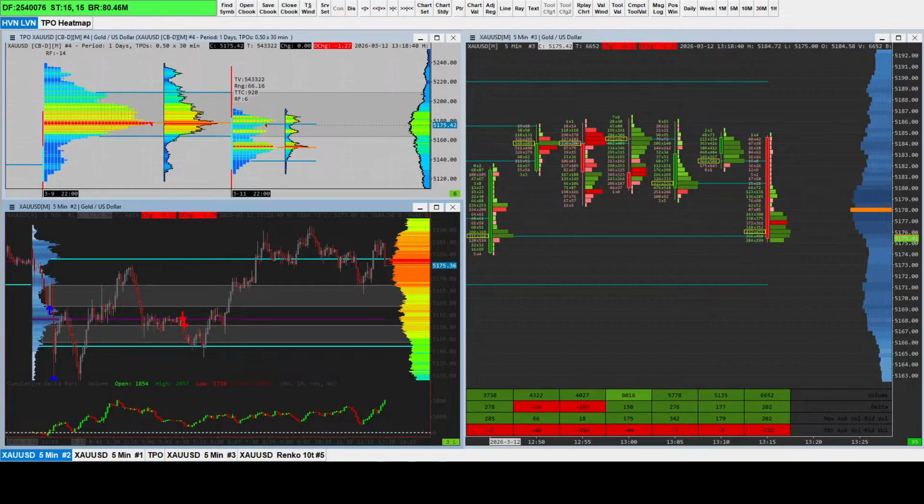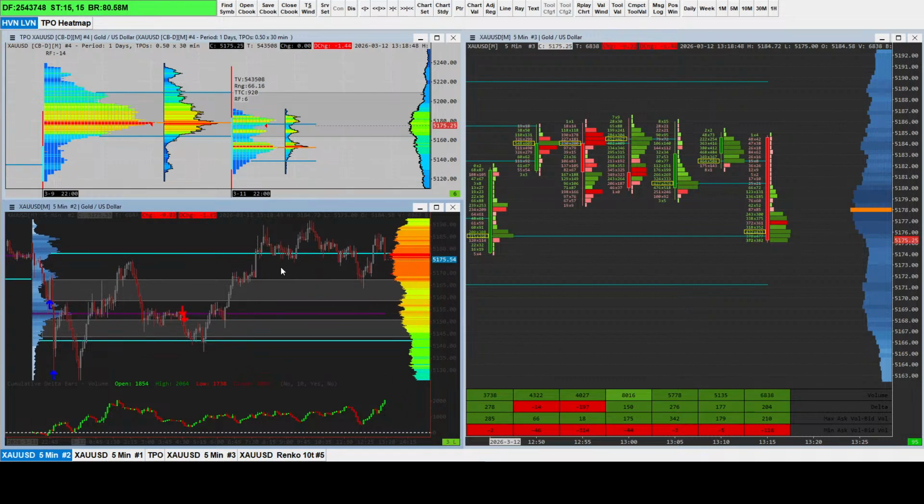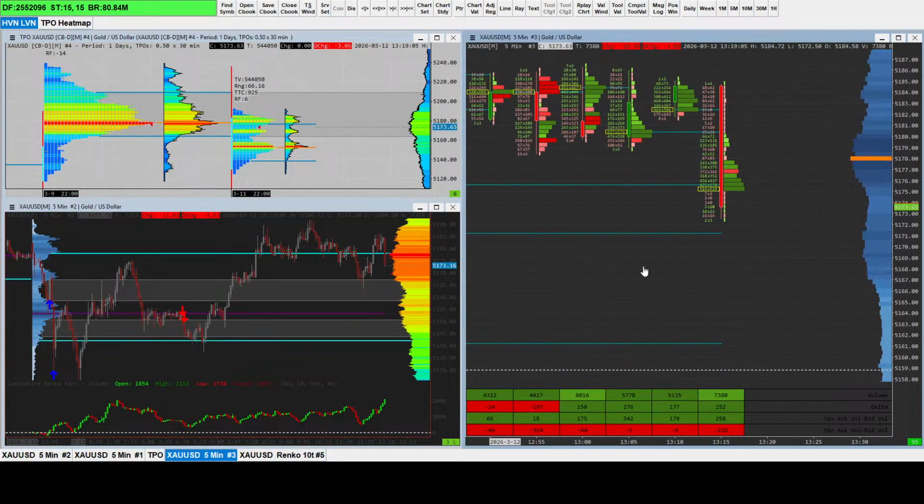Can I get down to this spot maybe? Somewhere around here, and then I'll look to buy. We can see nice delta divergence. So I just need a dip in price and then I will start buying, considering that we have enough buyers to buy off of.